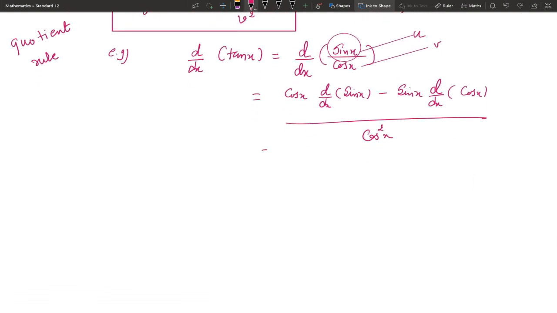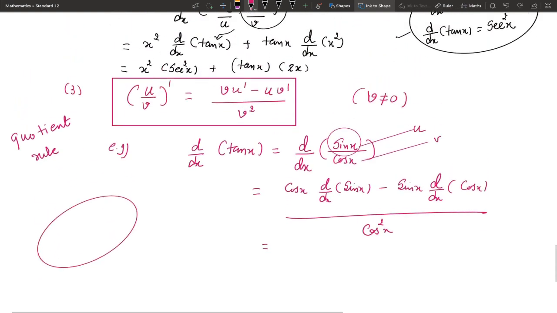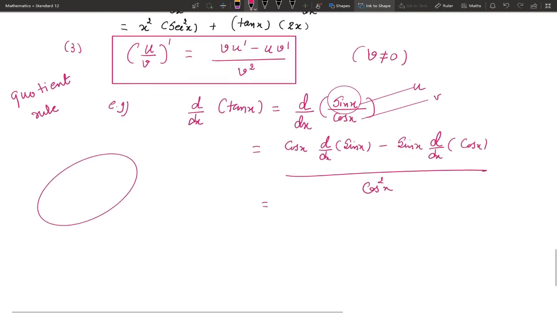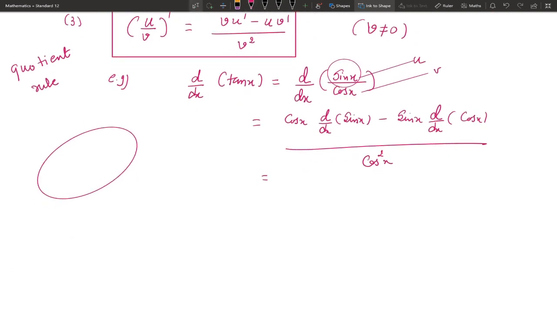Now we know the formula for d by dx of tan x is sec square x, so the result should be sec square x. Let us simplify. Derivative of sin x is cos x, so cos x into cos x is cos square x. Derivative of cos x is minus sin x, so minus minus plus sin x into sin x, sin square x, upon cos square x.